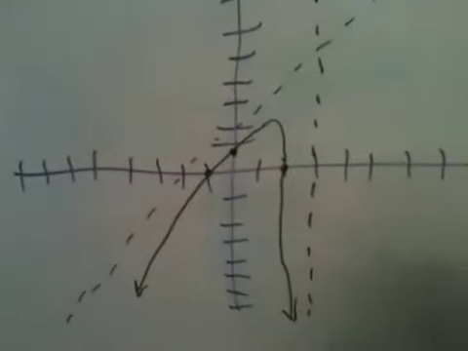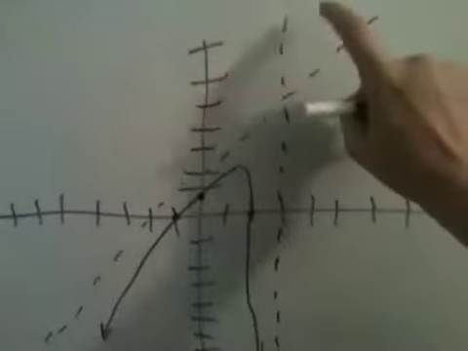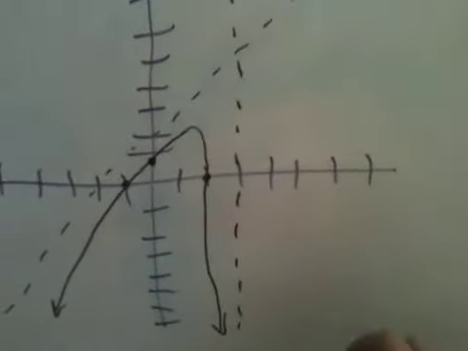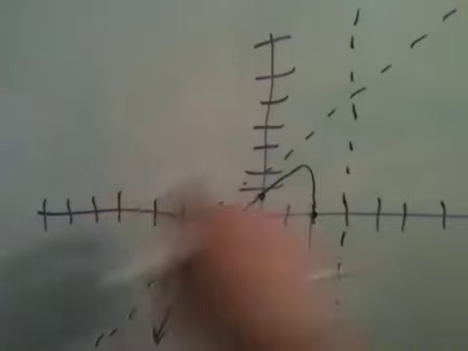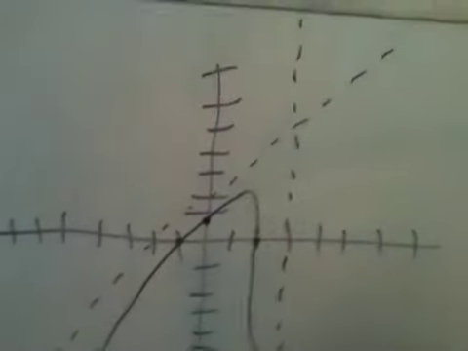To figure out where the other part of our graph is, here, here, or here, hopefully we all know it'll be up here because they're almost always, if not always, opposite of each other. But just in case you didn't know, we don't have any more x-intercepts, which means I can't intersect here, I can't intersect over here. I also don't have any more y-intercepts, so I can't be up here.